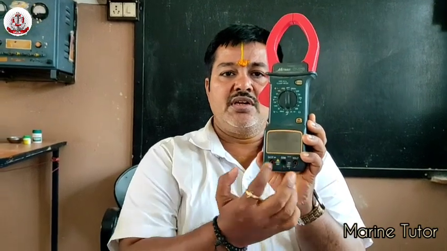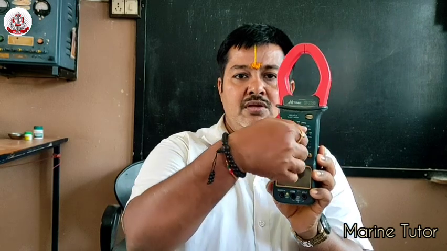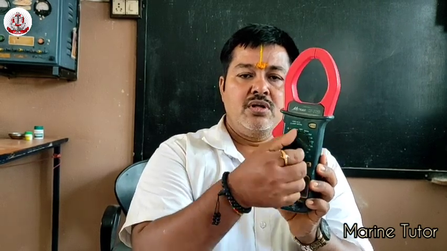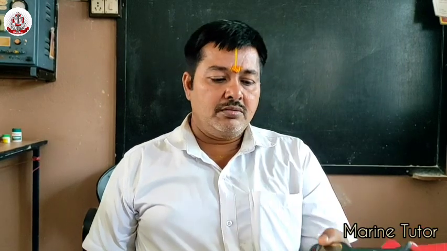This one is digital. There are two types, analog and digital, and this is digital. We can read the reading here by switching the mode. We can check voltage, current, then resistance, continuity, everything.